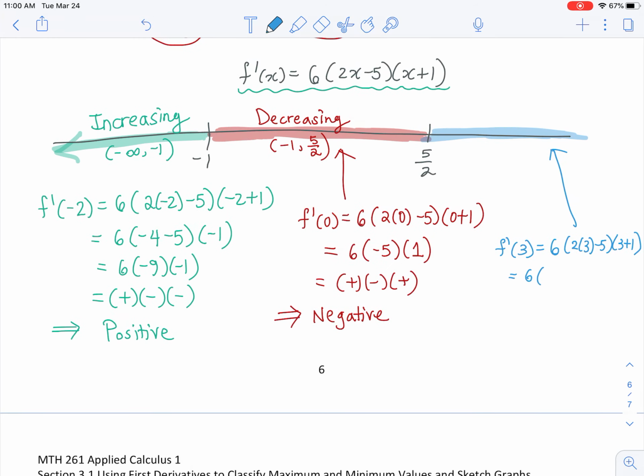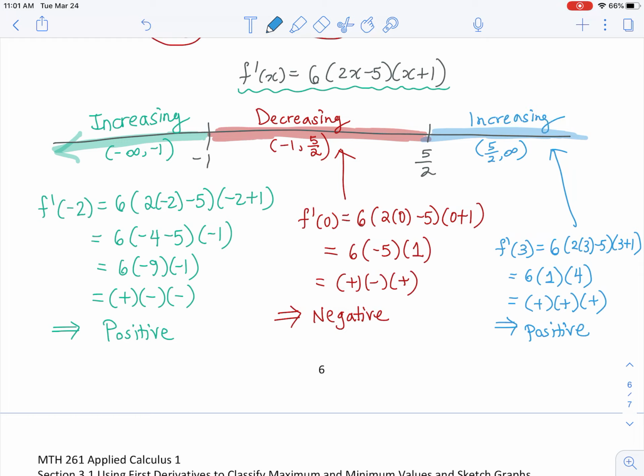That will give us 6 times 1, since 6 minus 5 is 1, and the last number will be 4. Well, look at that. We're multiplying a positive number and a positive number. If you multiply them, of course, you're going to get a positive number back. So from the interval 5 over 2 to infinity, this function f of x will be increasing.